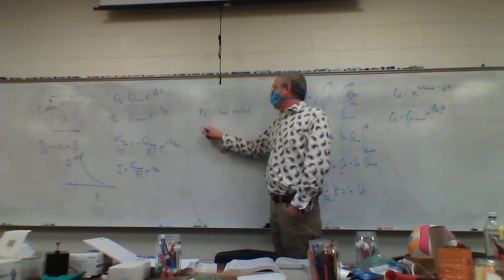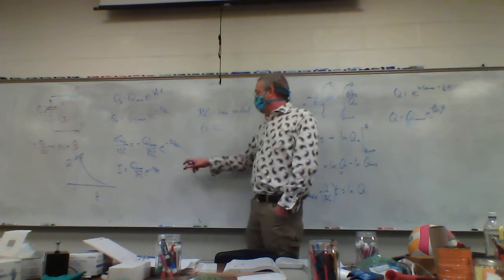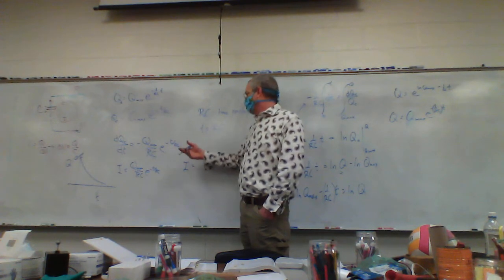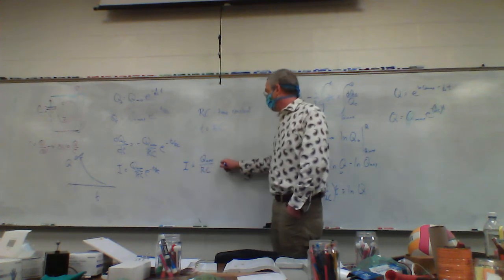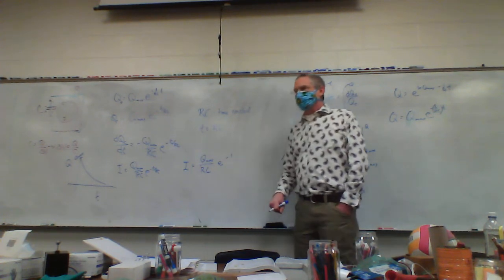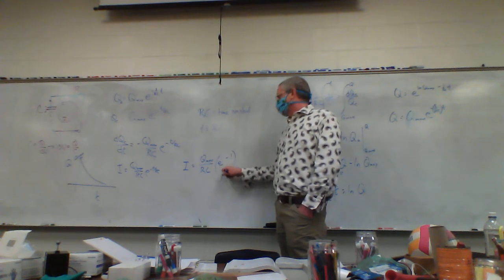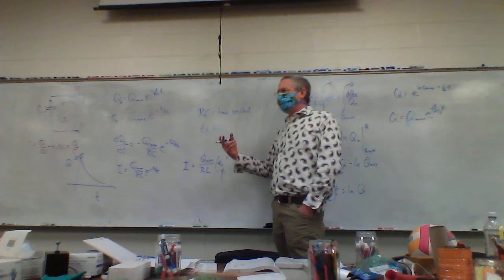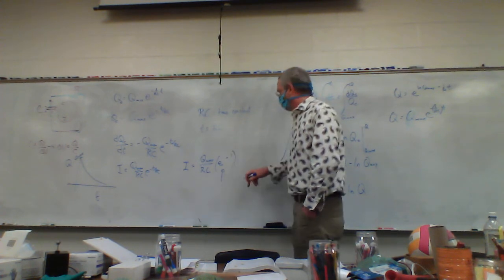So when time is equal to R times C, then what I have here is my current, I guess we can do it in terms of current, is Q max over RC, e to the negative 1. Which is, is that 0.29? 0.367.